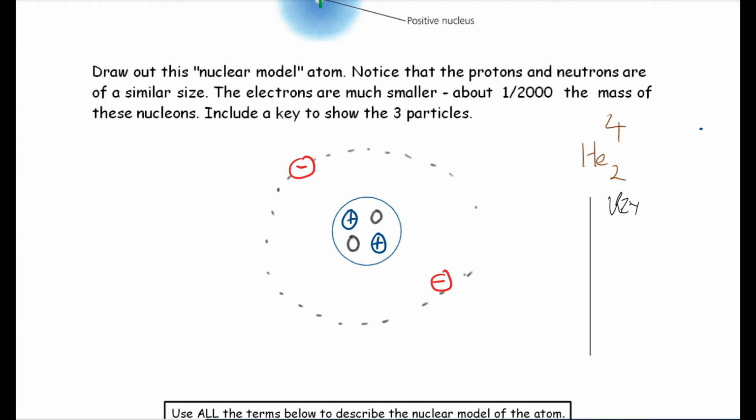So key, positive, that's your proton, P for positive. I got my neutron. Remember, NEU, neutron, is neutral. And then we've got our negative electron.